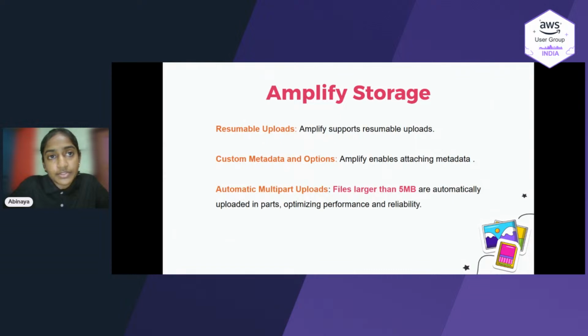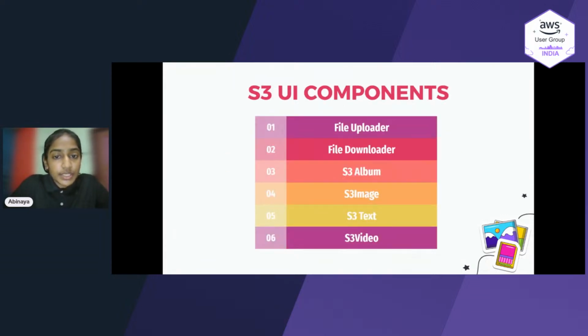If any part fails, only that specific part needs to be retried, rather than starting the upload over again. The S3 UI components available here are the file uploader, file downloader, S3 album, S3 image, S3 text, and S3 video as well.